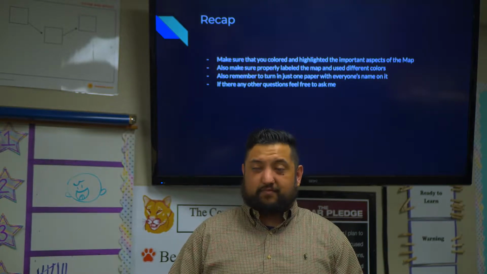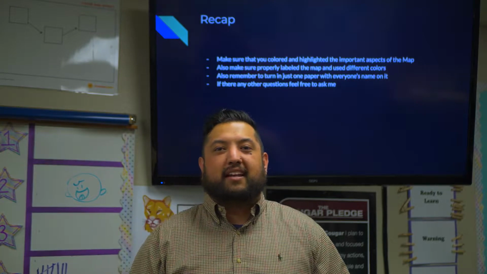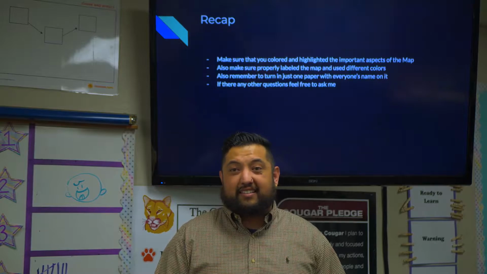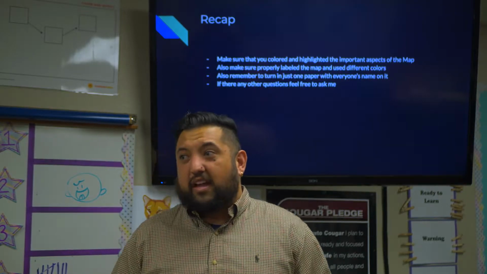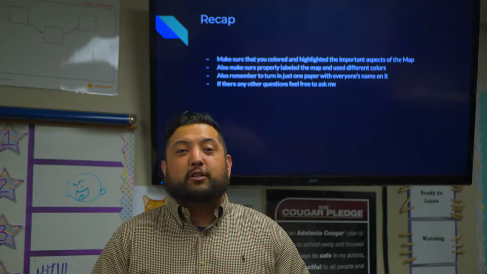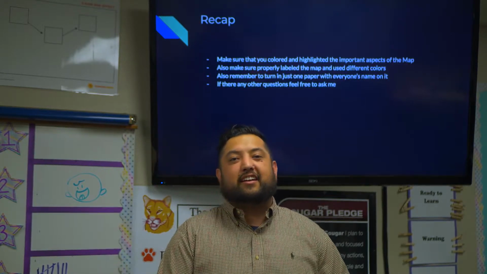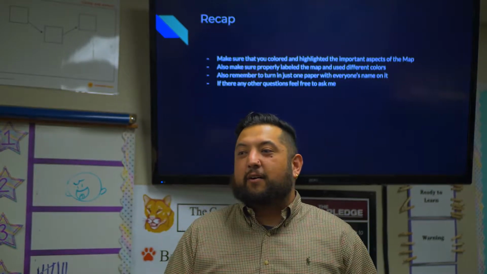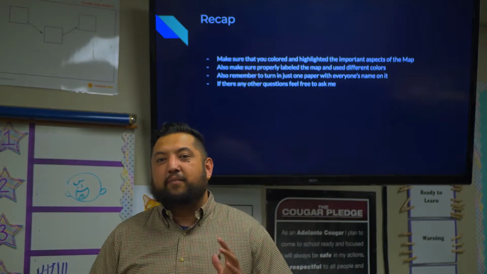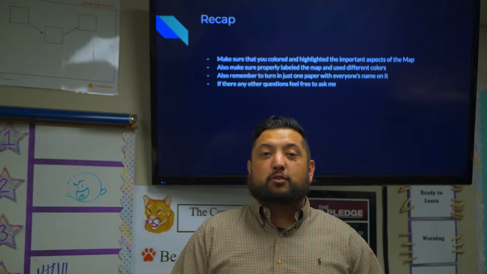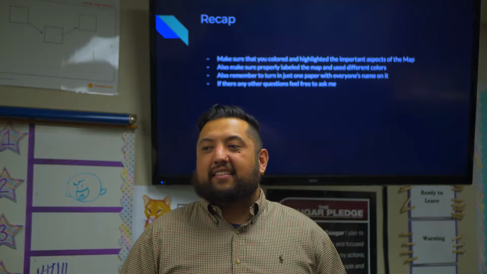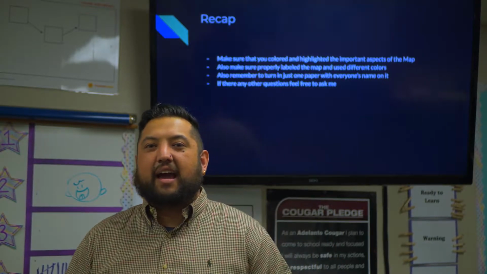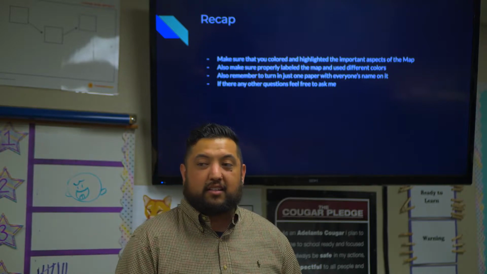The coloring is what will really make the map stand out, and it'll really help you in the future, because this is an assignment at the end of the unit, but you can also use all these resources for the end of the year, for the state test, for your study guide. So I'm trying to help you out. I'm trying to think of the future. This can be a really helpful tool for you, and I think that with this activity, it'll perfectly capture everything that we've been talking about for the past 2 days.